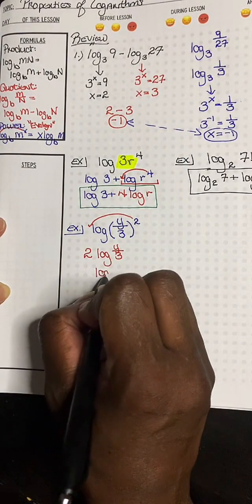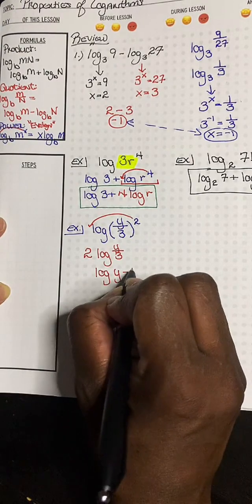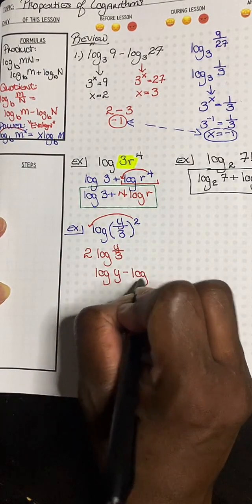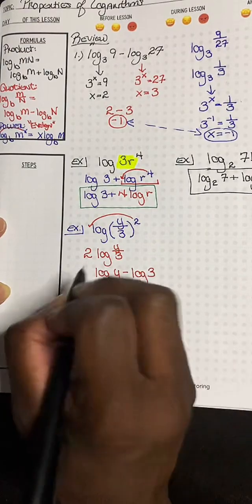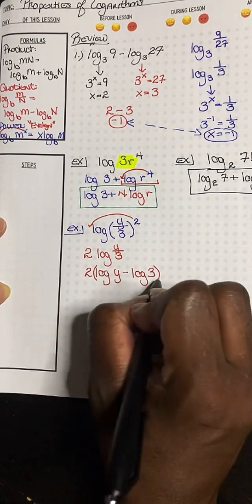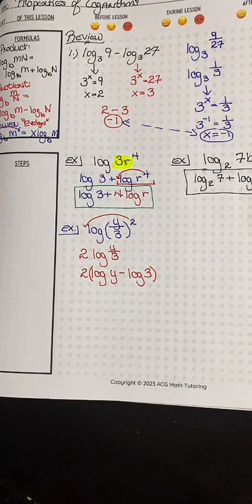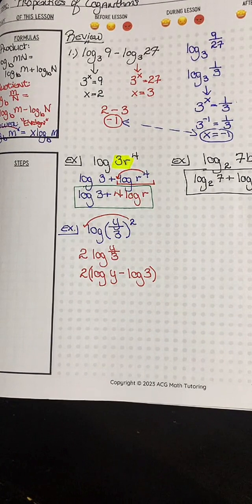So we got our log of y minus our log of 3. And this is all being multiplied by 2. I don't think we have to put parentheses, but I know sometimes I do extra with the parentheses. There you go.